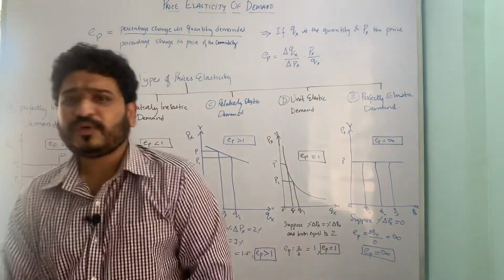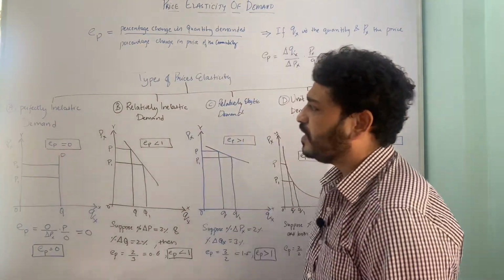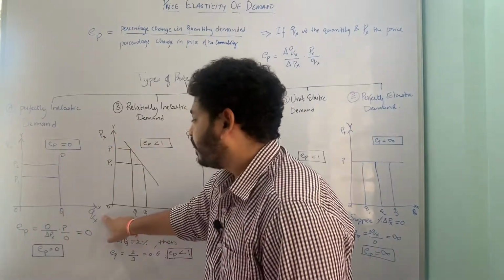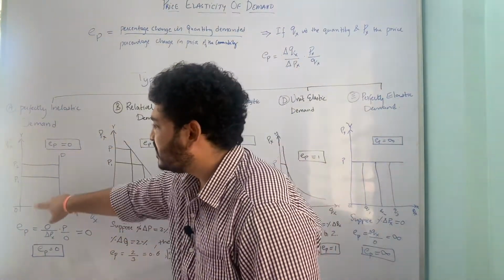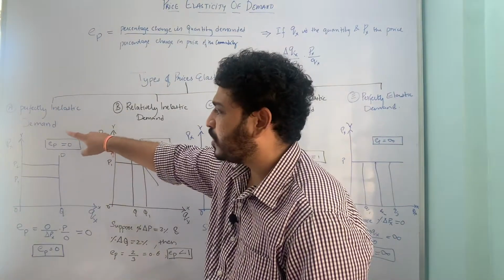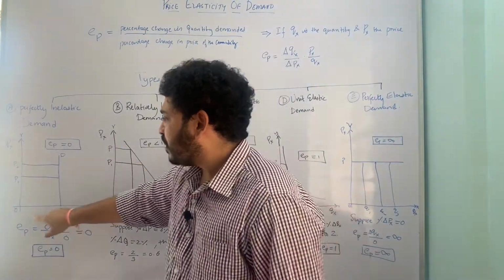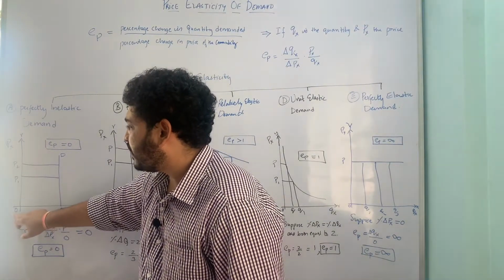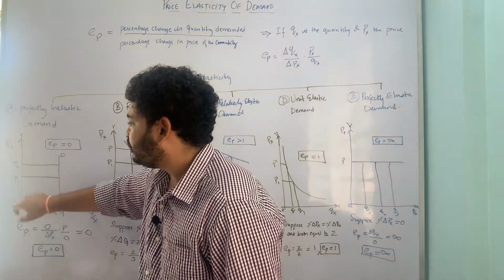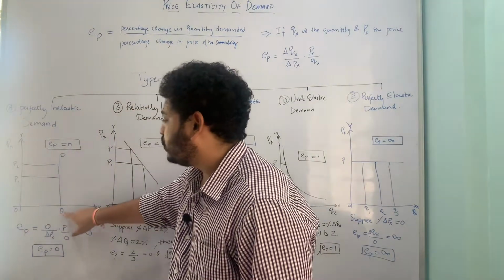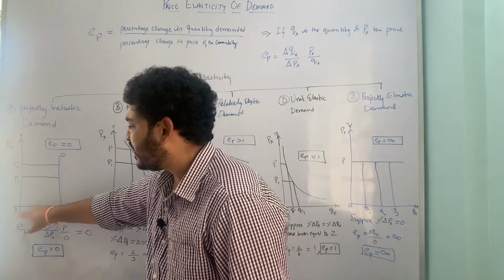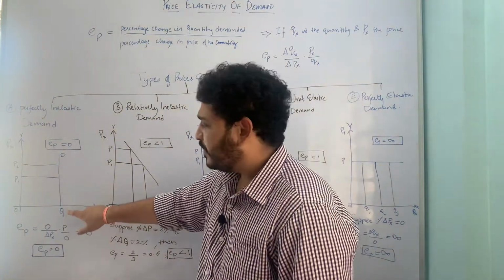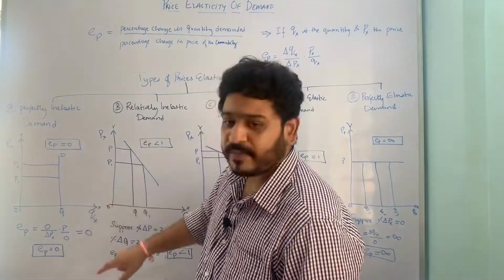Let us now look in greater detail at what perfectly inelastic demand means. On the x-axis, I am looking at quantity demanded of X. On the y-axis, I am looking at the price of that commodity X. Now let us look at the changes in price. Initially the price was OP2 and the quantity demanded was OQ. Then the price changes to OP1, but the quantity demanded remains the same, meaning there is no change in quantity demanded.